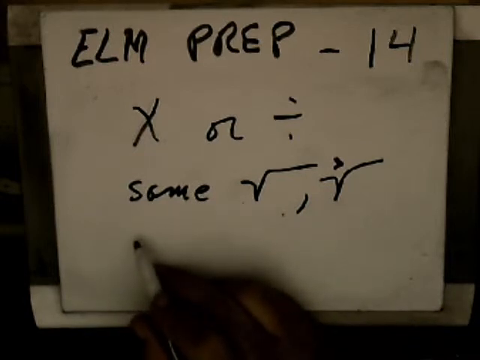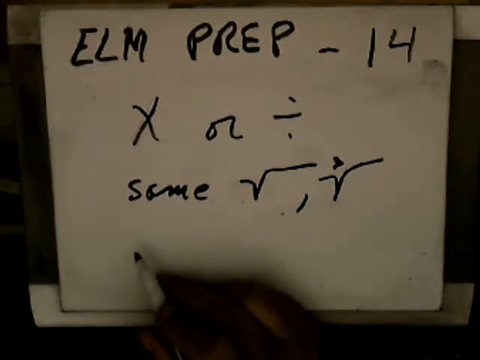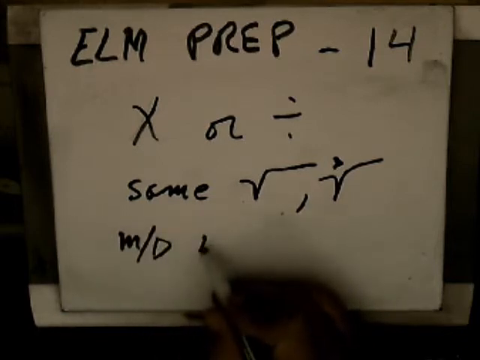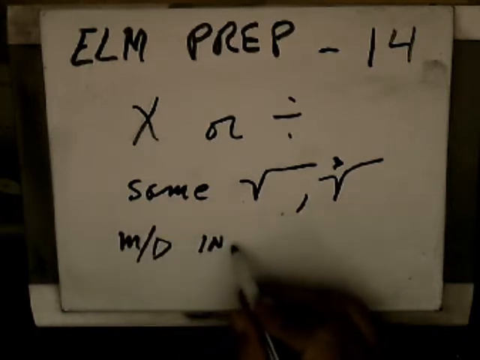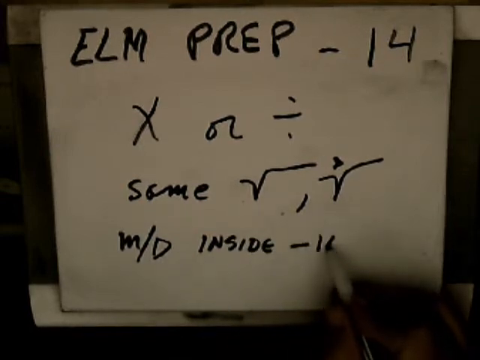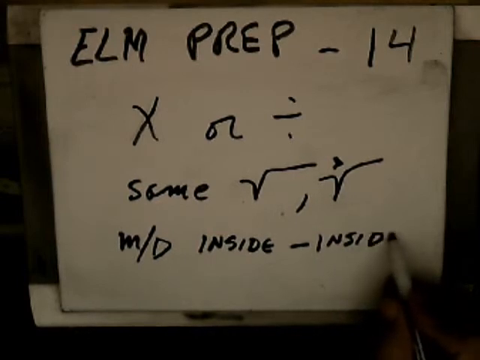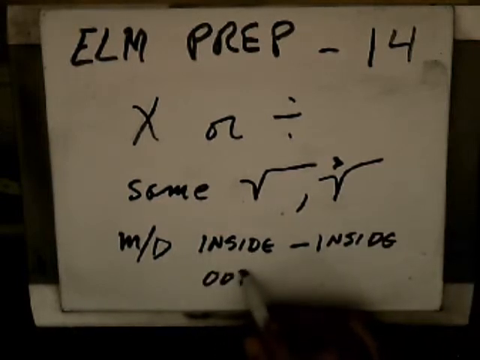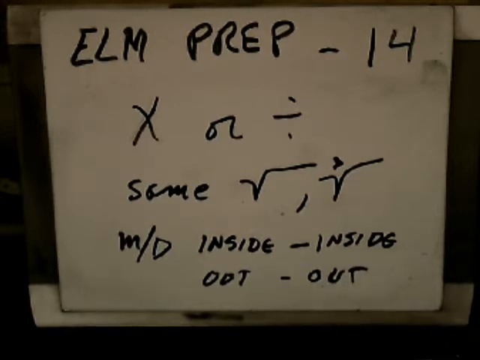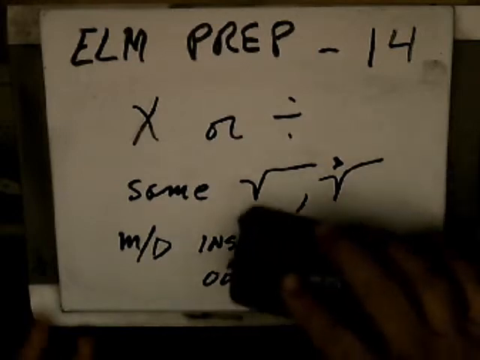And we multiply or divide inside to inside and outside to outside. All right, those are the general rules of multiplying and dividing radicals.